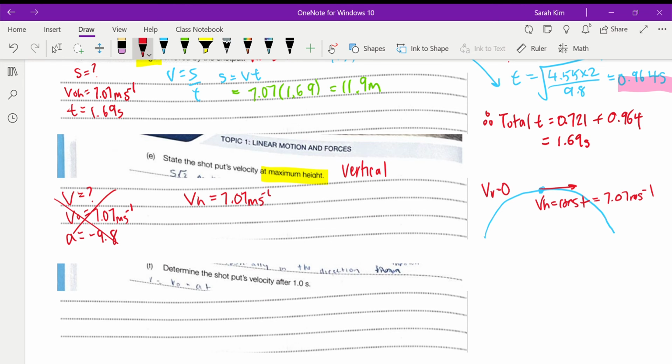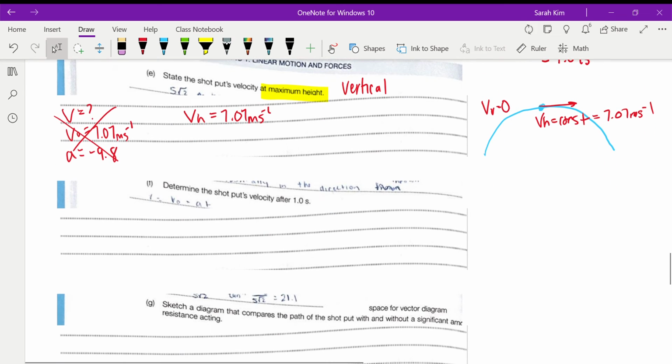Done. Alright, F, determine the shot put's velocity after 1 second. Okay, so my T is 1 second, V is what I'm trying to find. My A is going to be negative 9.8. My V naught is 7.07, I think it was. So I should be able to use this information.